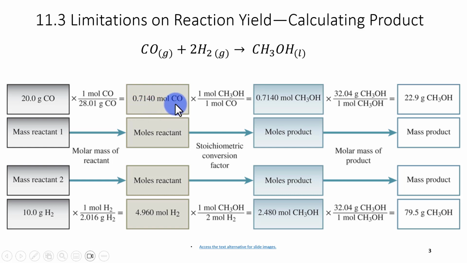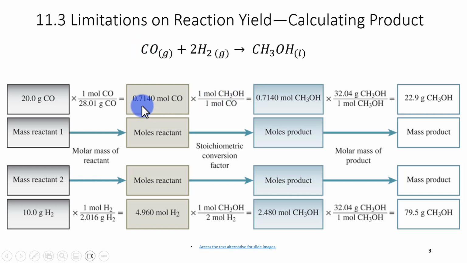0.7140 moles of CO. Now that I have moles of CO, I can go to my balanced chemical reaction and figure out how many moles of CH3OH are made for every mole of CO. The coefficients are telling me that I make 1 mole of CH3OH for every 1 mole of CO. It's a 1-to-1 ratio.